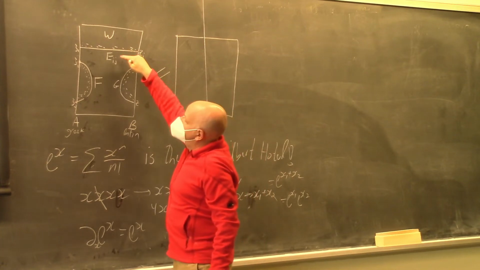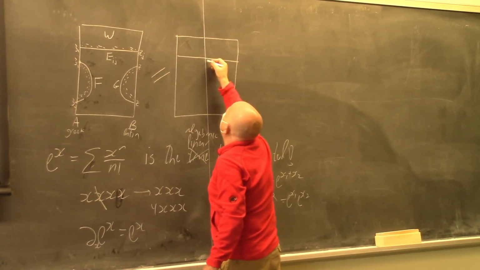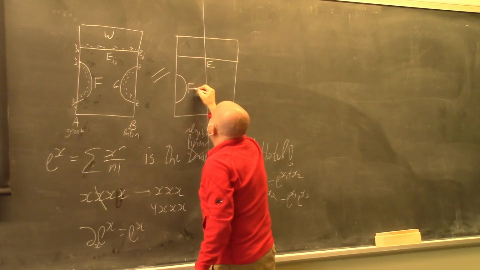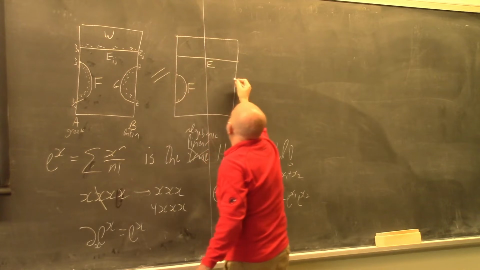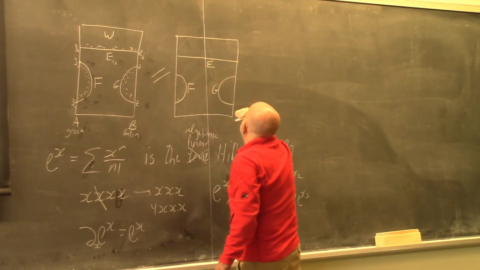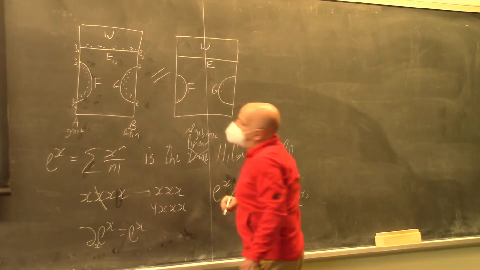Anyway, now I want to take 2 such things and compose them. So I have another such coupon with E's here and F's here, and again, each of them is a multiple, and G's here, and an omega here.